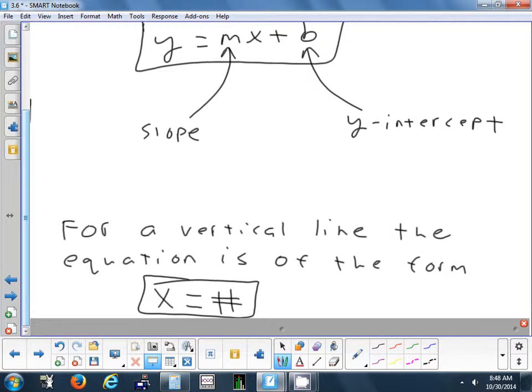How about a horizontal line? Does anybody remember from algebra? What's the equation of a horizontal line? If you look at y equals mx plus b and remember what the slope of a horizontal line is, that would help too.